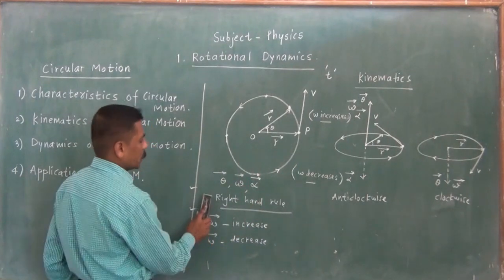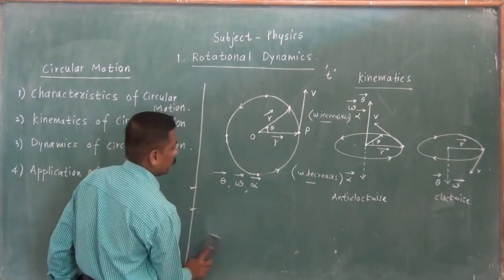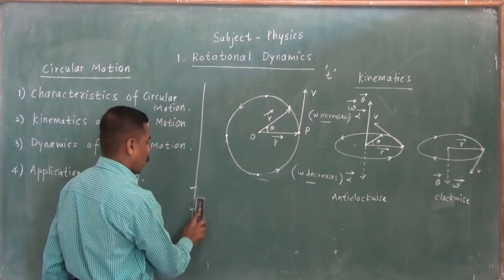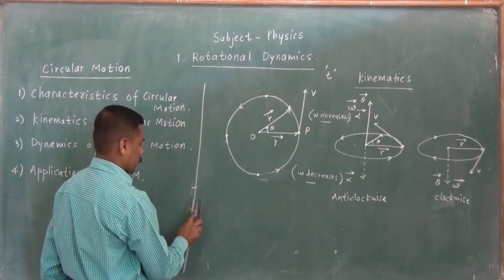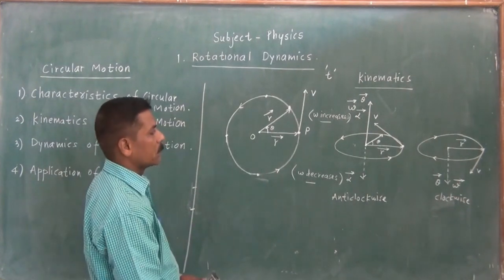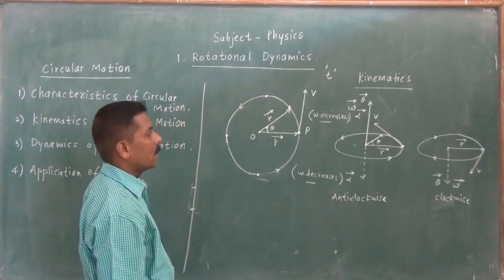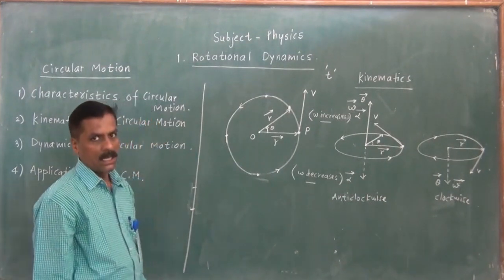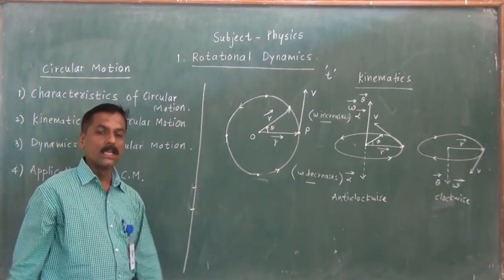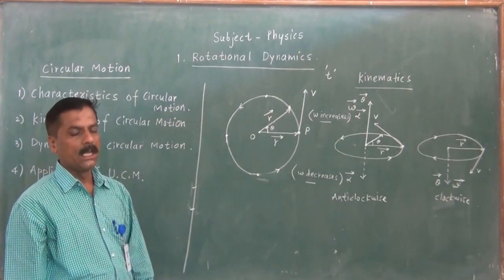Now if you observe the diagram, you will find that all these vectors are along the same axis, so they are called axial vectors. This explanation is analogous to linear motion, which we have already seen.